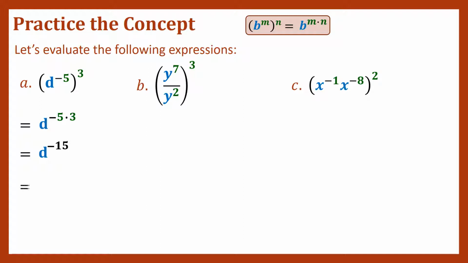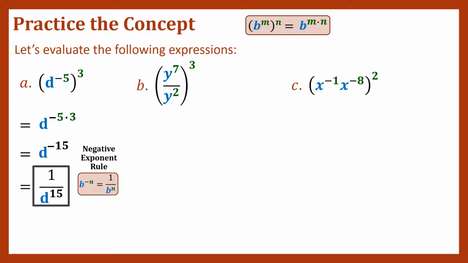This equals 1 divided by d raised to the power of 15. This expression is obtained using the negative exponent rule. If you're unfamiliar with the negative exponent rules, please review the video titled The Negative Exponent Rules. So this is the final result of the first expression.